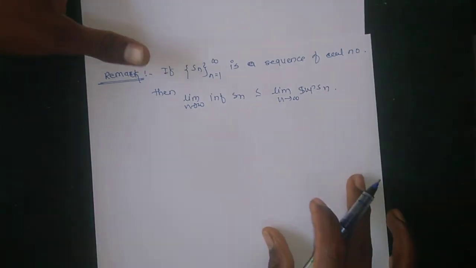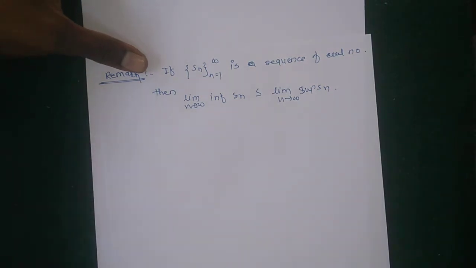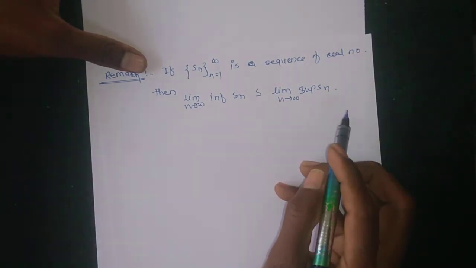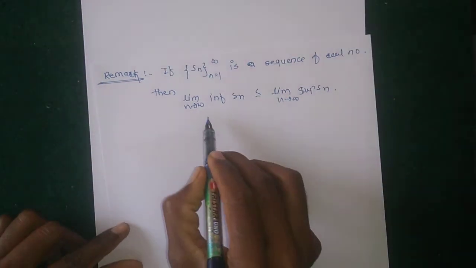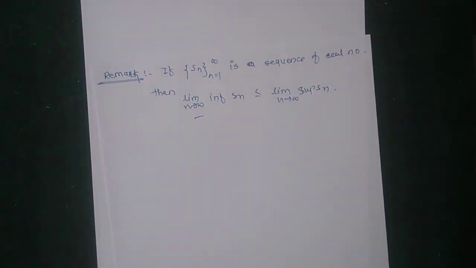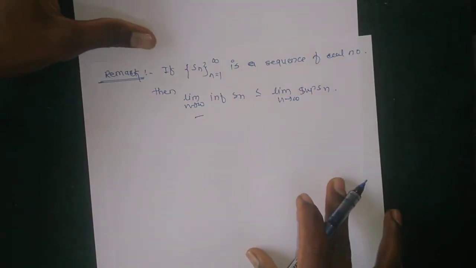That is, for any sequence of real numbers, the limit inferior must be less than or equal to the limit superior. This is our remark.